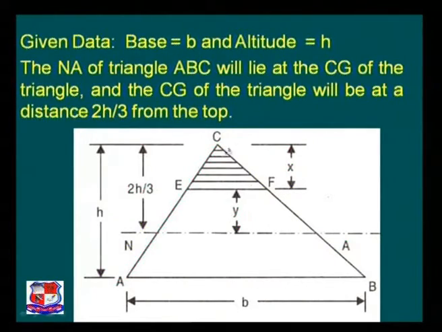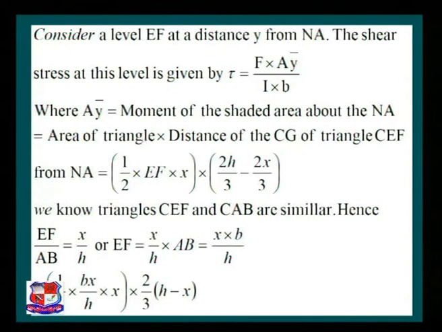CAB and CEF are both similar triangles, and hence the ratio of EF by AB, that is the base width of triangle CEF divided by the base width of triangle CAB, is equal to x by h. That means we can write EF is equal to x by h into AB. AB is known to us, that is b. Hence EF is equal to xb by h.